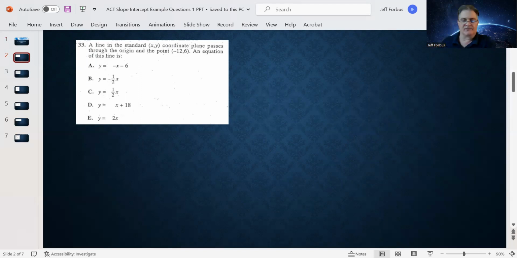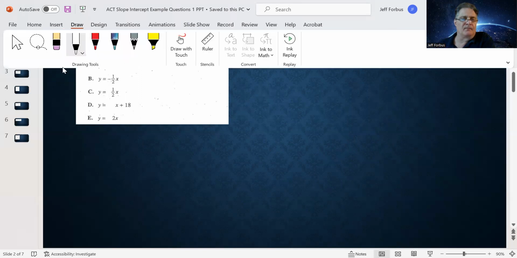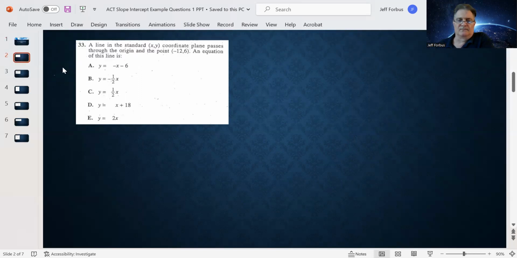So one of the things we can do, let me get my pen tip set up here. One of the things that you can use is y is equal to mx plus b. And then the other thing is the slope: y sub 2 minus y sub 1 divided by x sub 2 minus x sub 1.